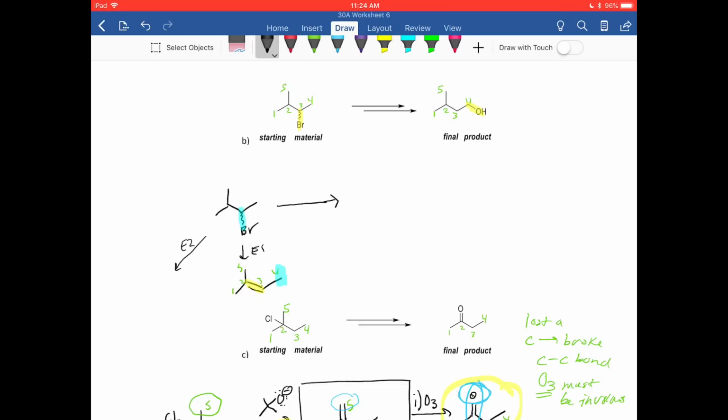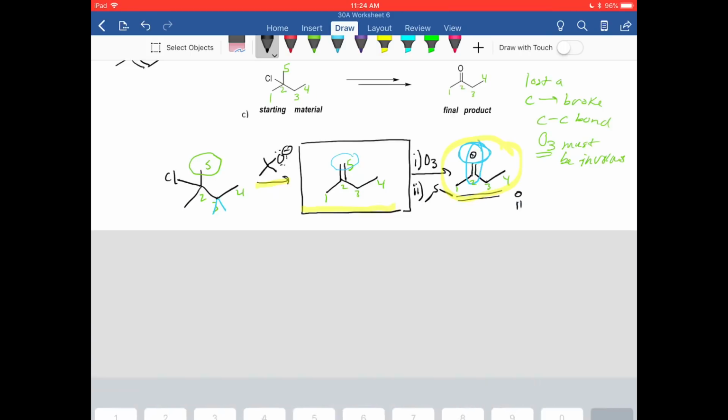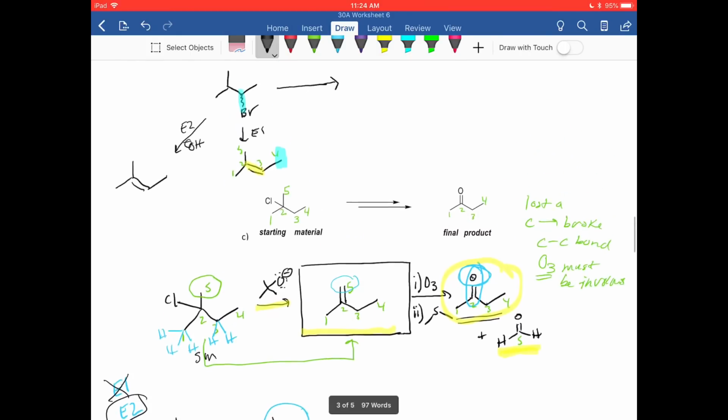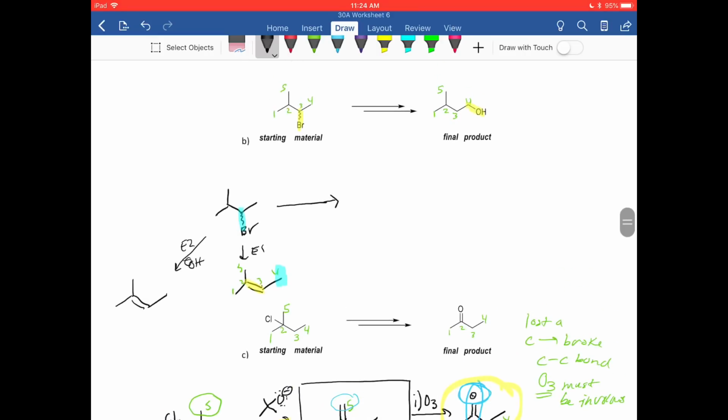So if we do an E2 elimination with something like hydroxide, that's going to give us the same problems we had with E1. It's going to give us the most stable alkene. So instead here, what we want to do is an E2 reaction with a hindered base, like terbutoxide.